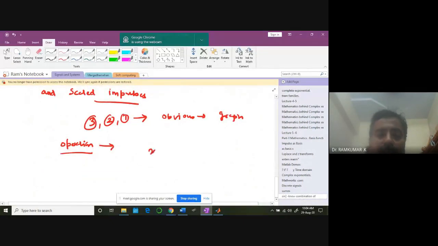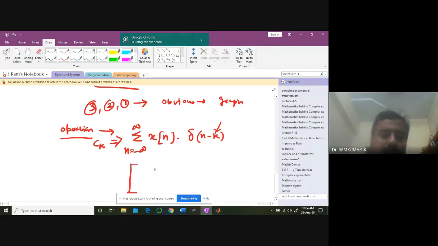I take the complete signal x of n, dot product with delta n minus k, with n running from minus infinity to plus infinity, for a particular value of k. I plug in that value, then take this summation. The signal is 0 everywhere, and at the 0th value it is 3, 2, 1.